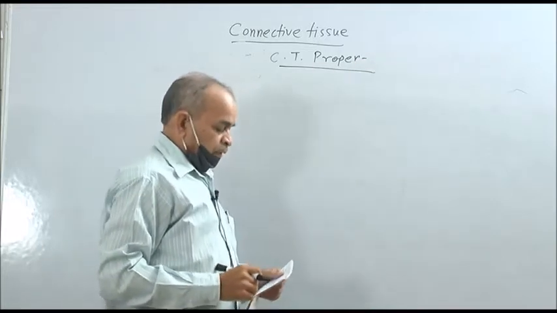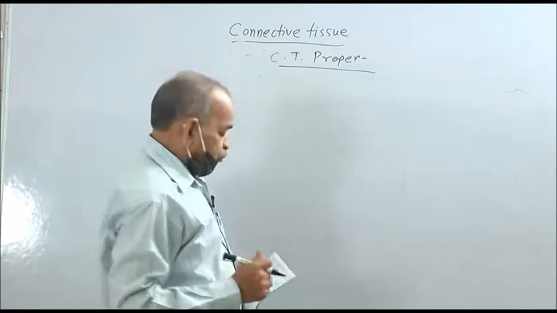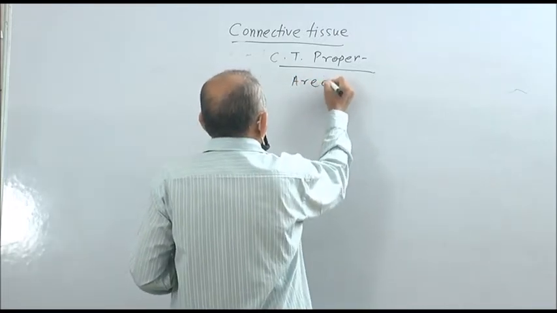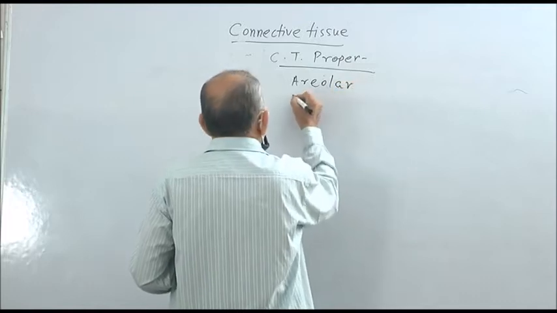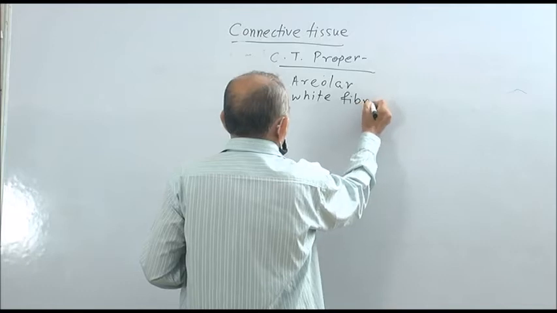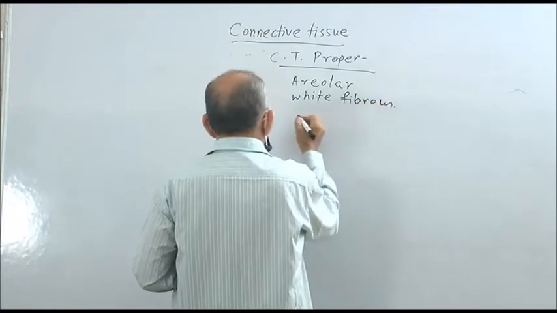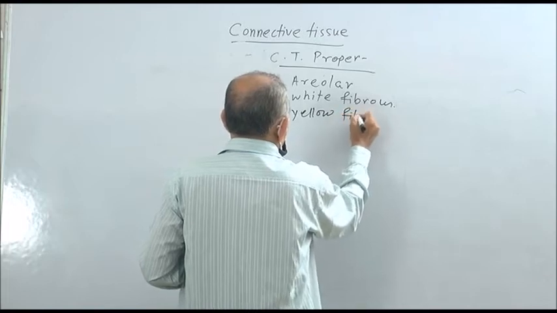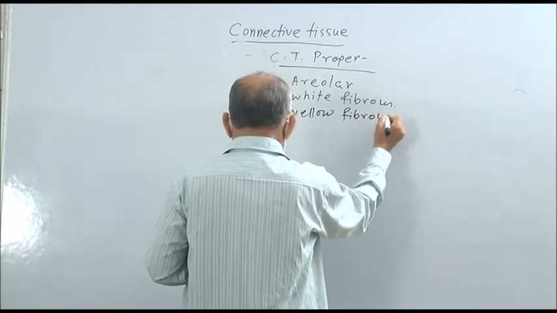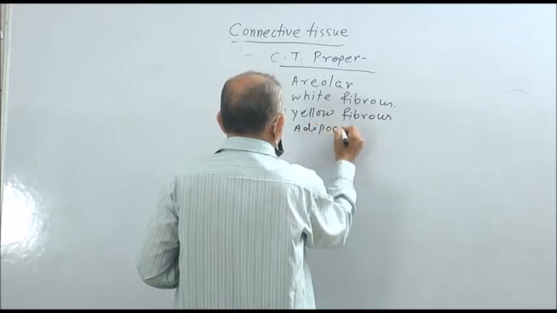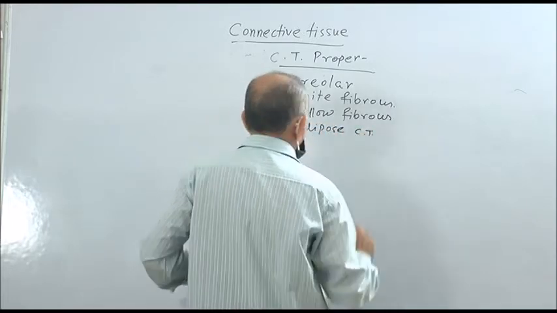Connective tissue proper is of four types. These are areolar, white fibrous, yellow fibrous, and adipose connective tissue.